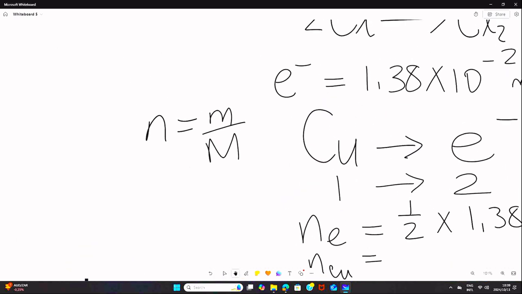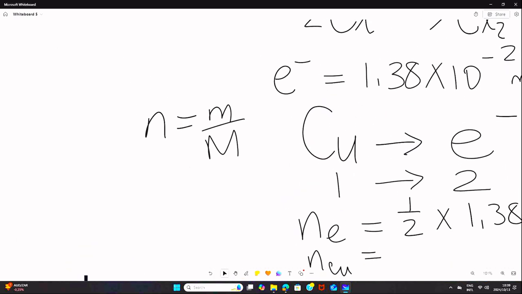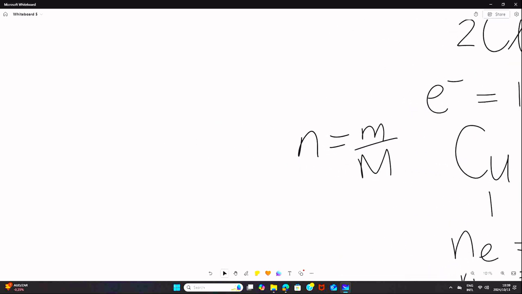After you have determined that it's going to be half the number of moles, you substitute into your formula, n equals mass over molar mass. You take the molar mass of copper. I think it's 63.5 if I'm not mistaken. You don't memorize these molar masses. You just look at them in the formula sheet.